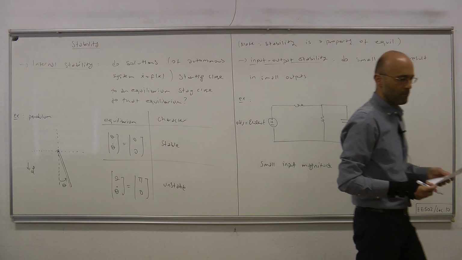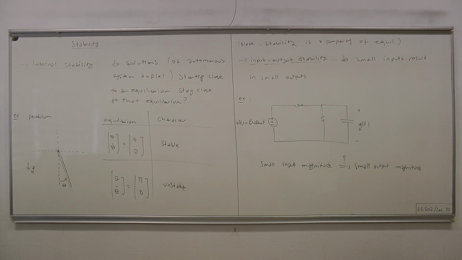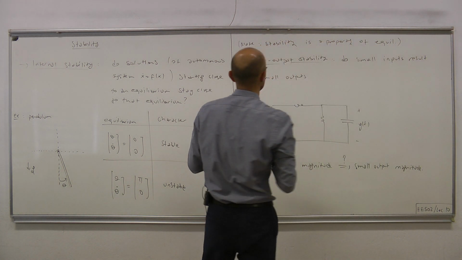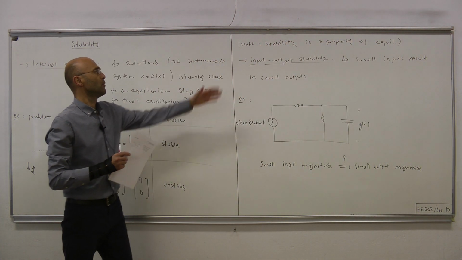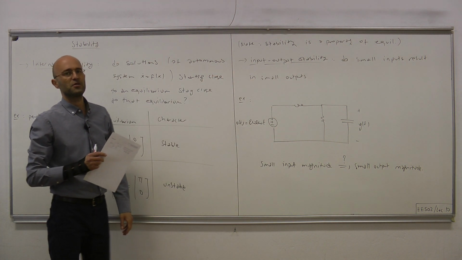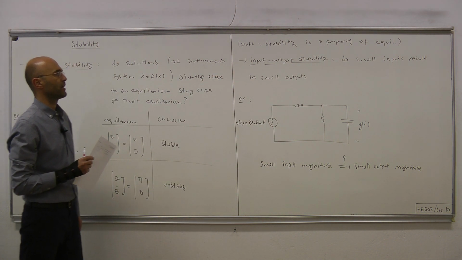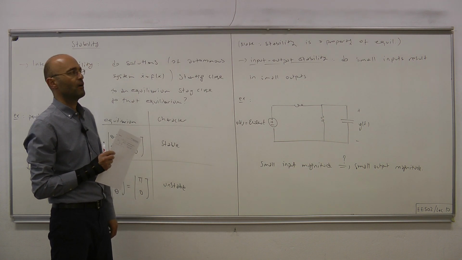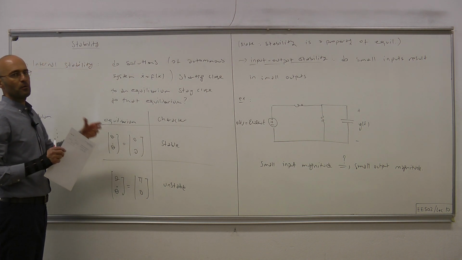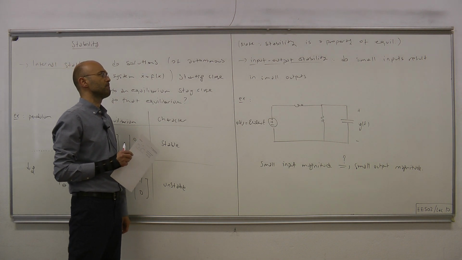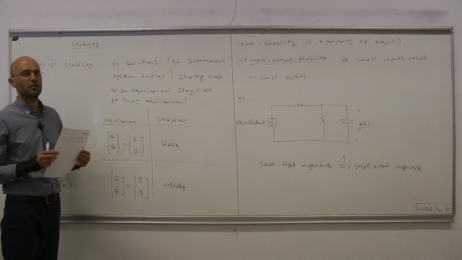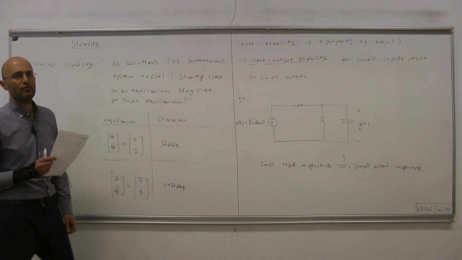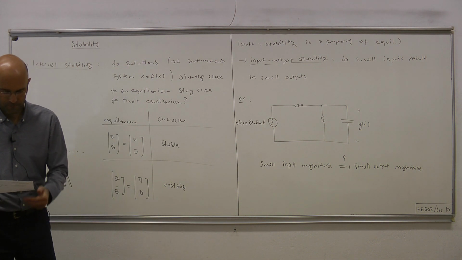Okay, so we begin with the first one, namely the internal stability. It's also called Lyapunov stability, and then we're gonna move on to input-output stability, which we'll study under the title bounded input, bounded output stability for a linear system. And we will also make the necessary, important connections between two types of stability. Okay.